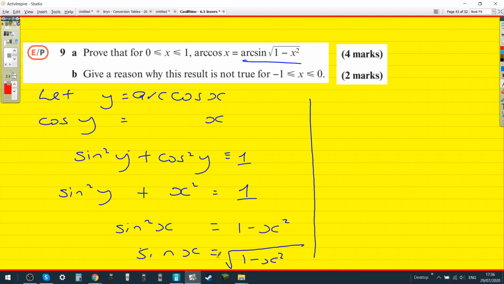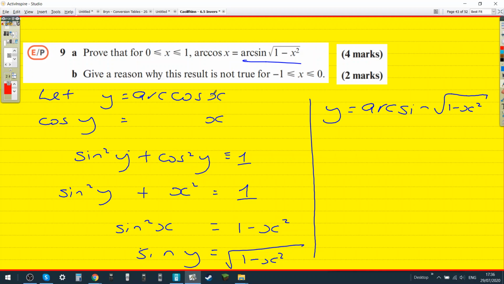And so what is, sorry, that was sine y. What is y equal to? You have to do sine to the minus 1 of root 1 minus x squared. Yeah, and another way of saying that is arc sine root 1 minus x squared. Done.